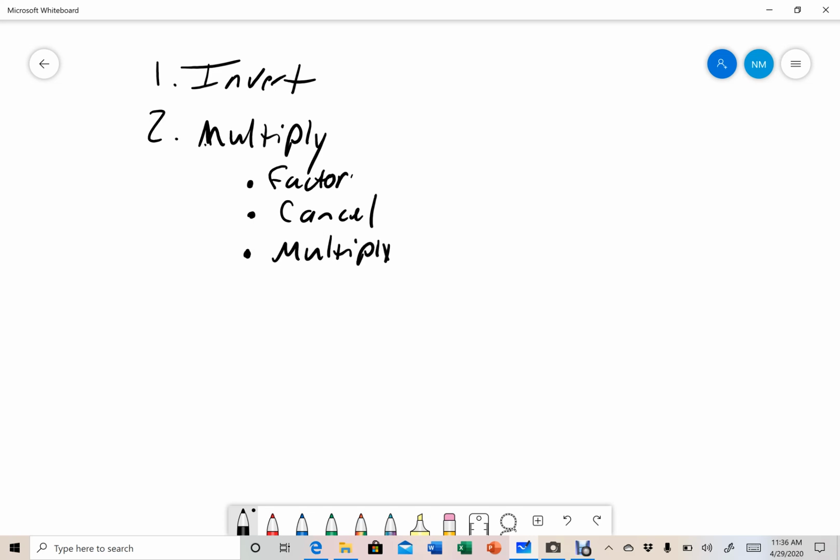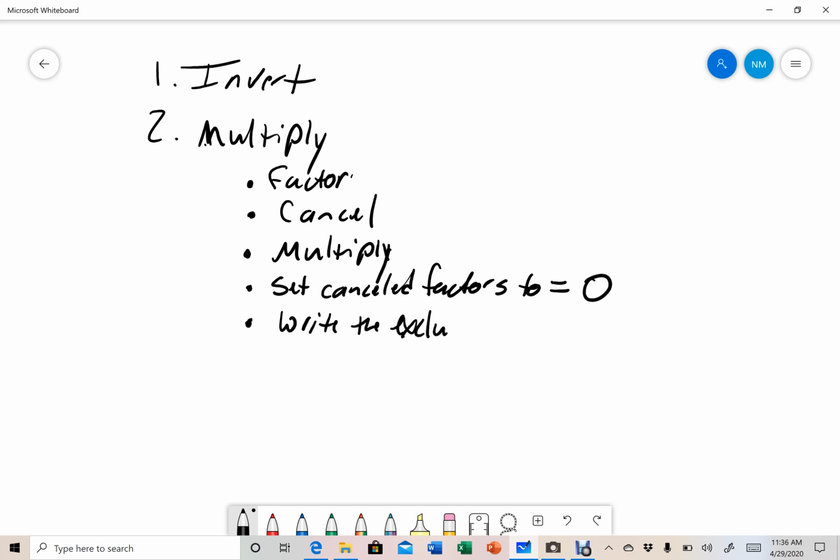We multiplied all of our numerators together and all of our denominators together, and then we set the canceled factors equal to 0. Our last step was to write the excluded values.